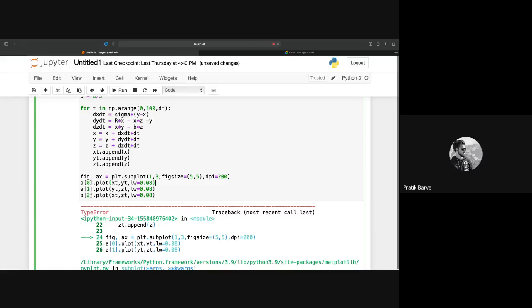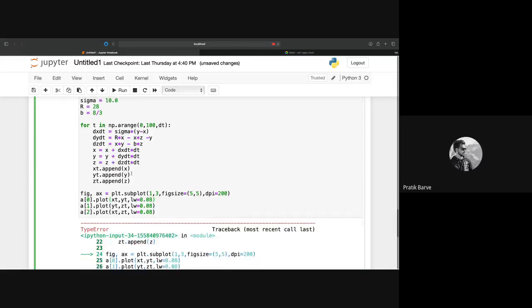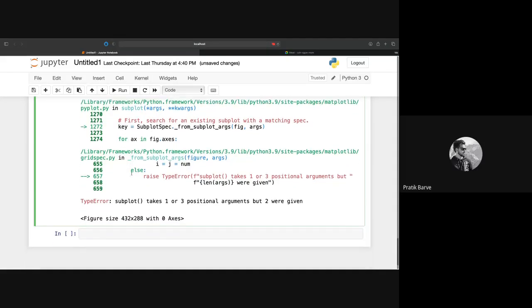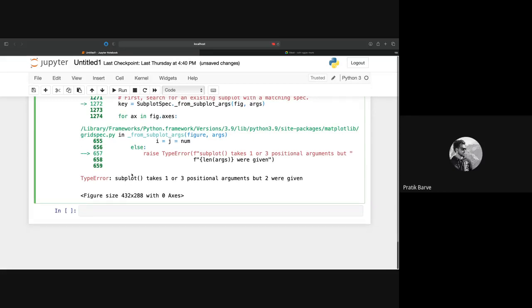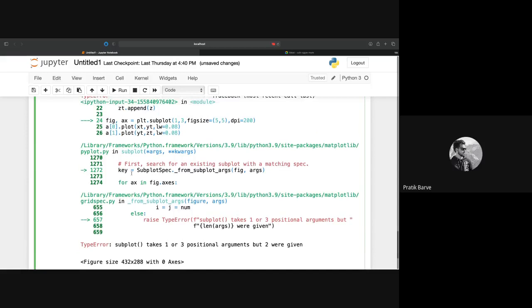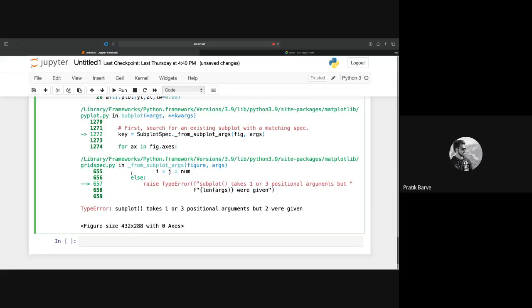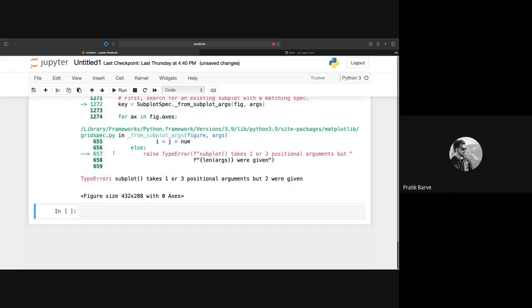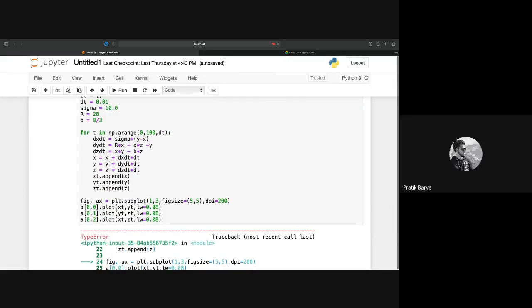Axes 0, 1, 2. Okay, why is this not working?